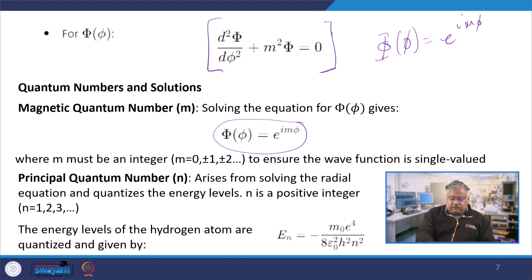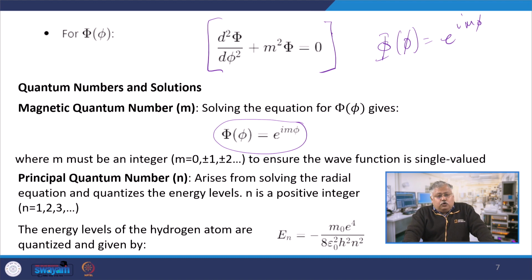This m should be an integer value: 0, plus minus 1, plus minus 2. If you do not assume it to be an integer, then we will always have a multivalued function for phi, and therefore this is not allowed.